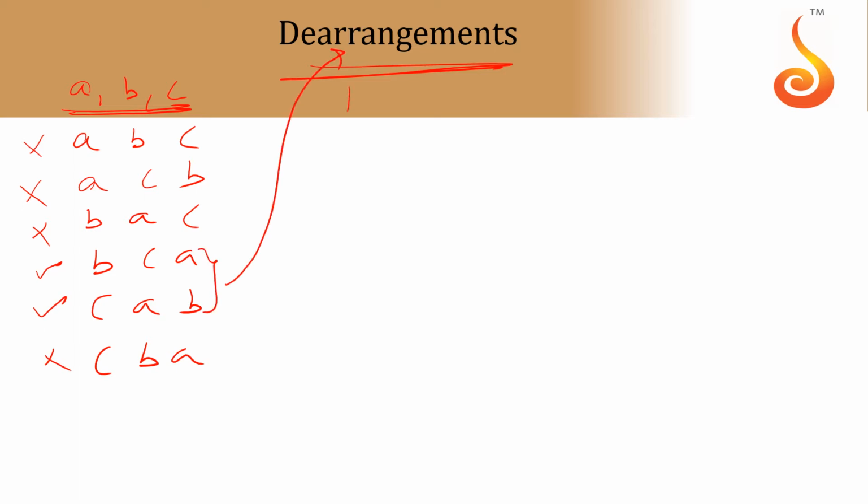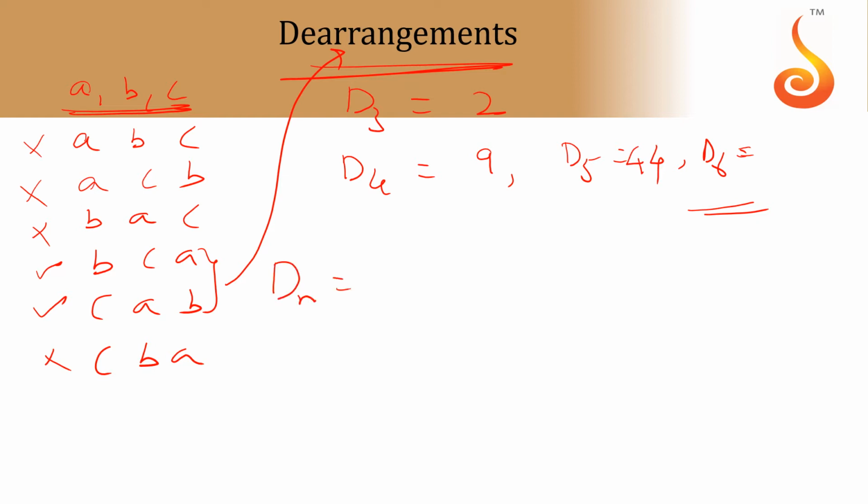So here derangements of 3 things will be how much? 2 we got. Similarly derangements of 4 things, 9. Derangement of 5 things, 6 things you can calculate. Up to 6 things it is better to remember. Derangement of 5 things will be 44. Now what is the formula for derangements of n things?